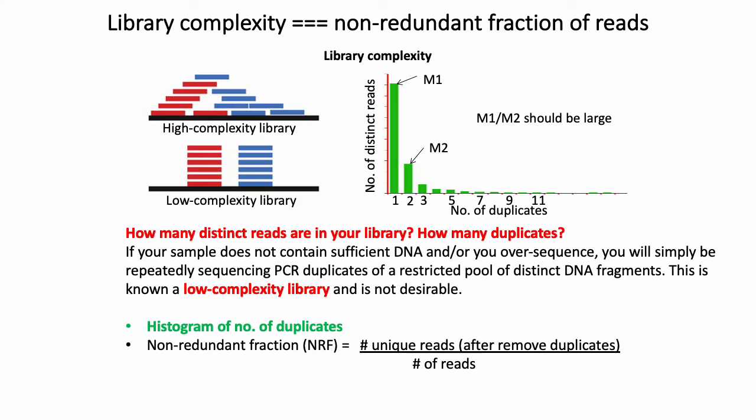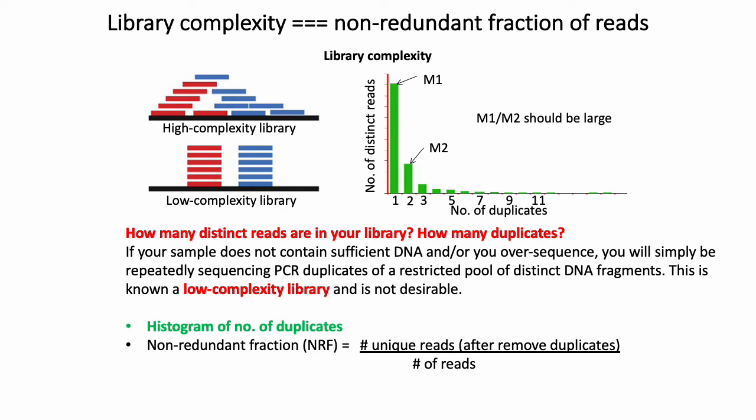What oftentimes happens is that you might do a few extra rounds of PCR amplification just to get enough input DNA material to put into the sequencer. And so the problem you have is that if your starting genomic material was too small, or you over-sequence your library, you're going to end up sequencing a lot of PCR duplicates.